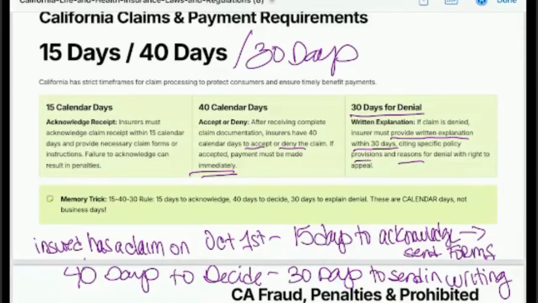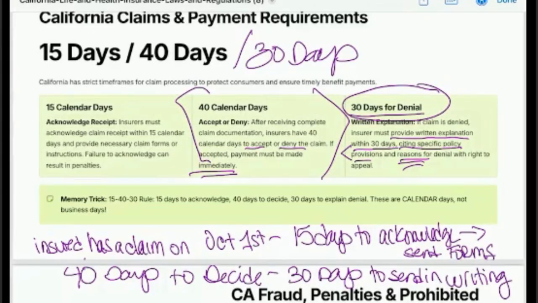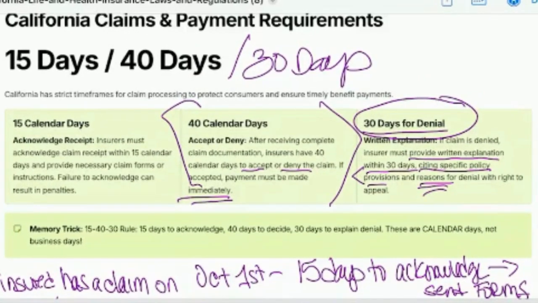There has to be specific policy provisions or reasons stated. And even if they let them know within this 40-day window, they have 30 days to actually send out the written reason behind it. All right. So make sure that you are comfortable with the 15, 40, 30 days and how they play out in the scenarios that are regarding claims.